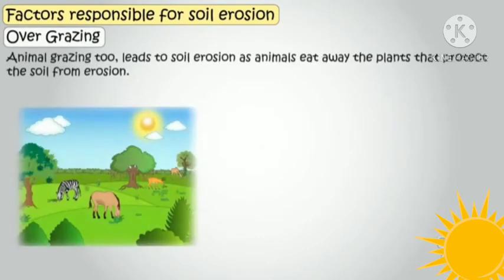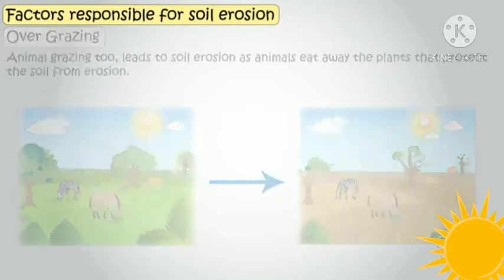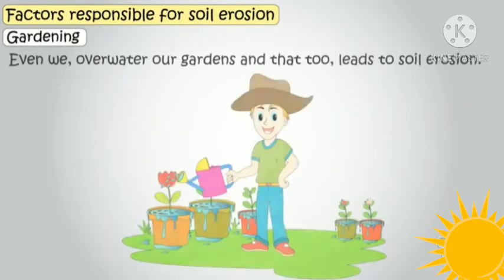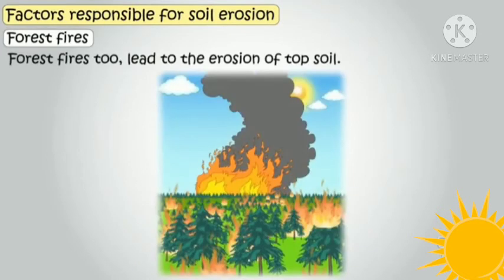Overgrazing. Animal grazing too leads to soil erosion as animals eat away the plants that protect the soil from erosion. Gardening. Even when we overwater our gardens, that too leads to soil erosion. Forest fires. Forest fires too lead to the erosion of topsoil.